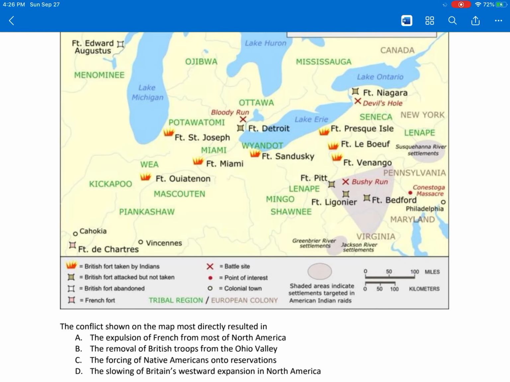Past it, if you were a colonist, you couldn't live in these areas because it would have been beyond that line. That's an important point. And so it was the slowing of Britain's westward expansion.